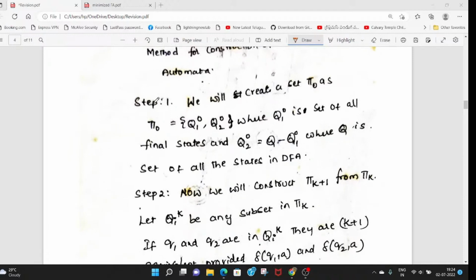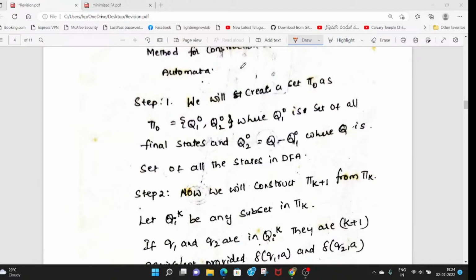In step 1, first of all, we have to create pi naught. This pi naught will consist of two sets. One is a set consisting of all your final states, and another set will consist of all your non-final states.